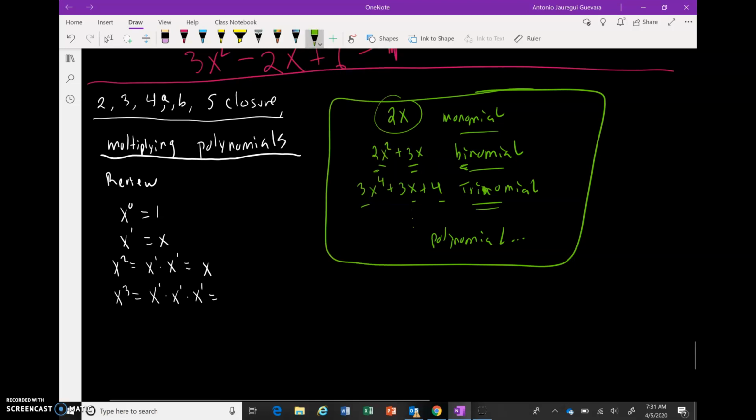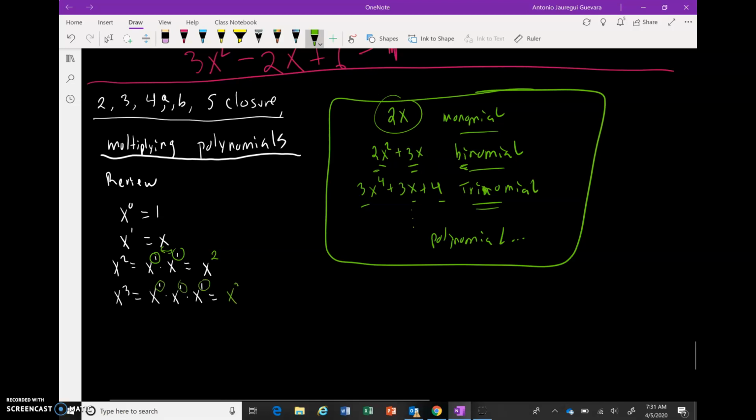All right. So when you multiply variables, you add the exponents. So 1 plus 1 will give you 2. If I give you something like x to the power of 3, you're literally just adding the exponents.